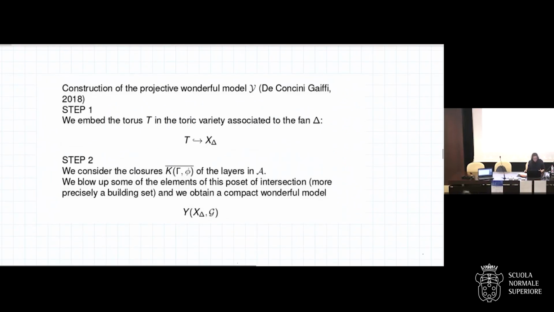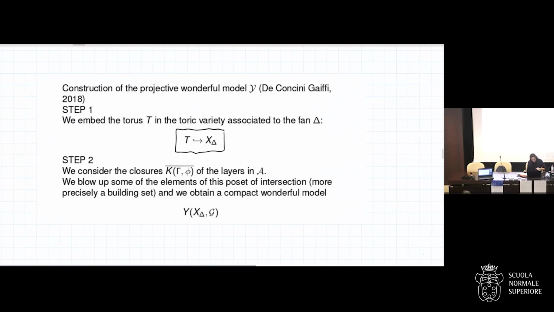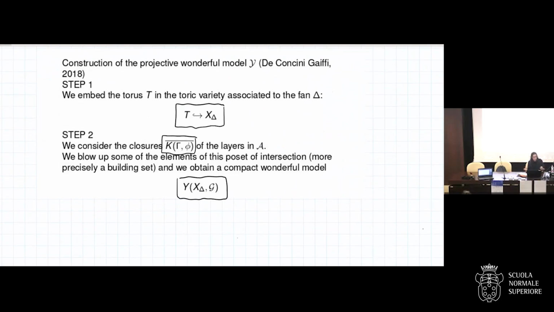Now, the construction of the projective wonderful model starts with an embedding of the torus T inside the variety associated to the fan, and then goes on by blowing up the layers that appear in the arrangement after this embedding, inside this variety. So what we end up with is what is called the compact wonderful model, the compact toric model associated to the arrangement.